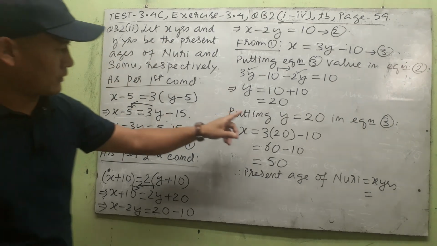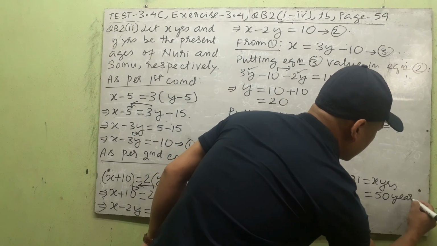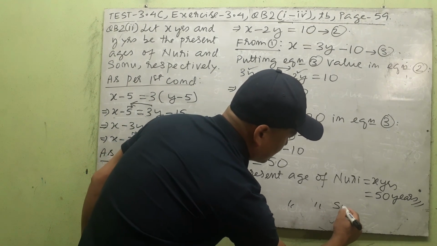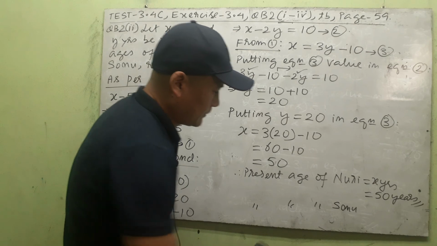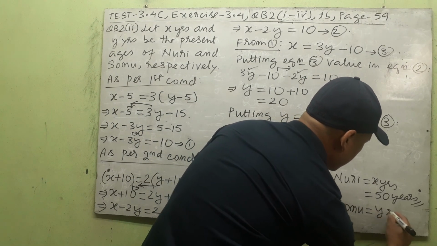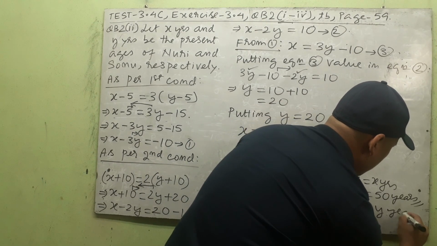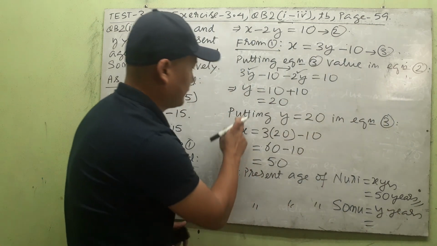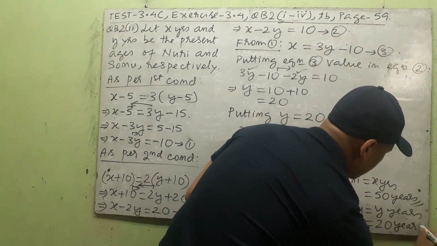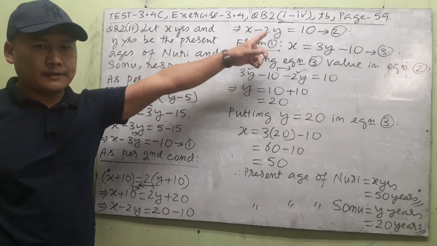So x we found out 50, so we write here the older person's age is 50 years, first answer, and present age of Sonu, the younger person, y years. Y value we found out to be 20, so we just write here 20 years. Second answer. First answer 50, second one 20. We'll do the next question in the next class, okay?